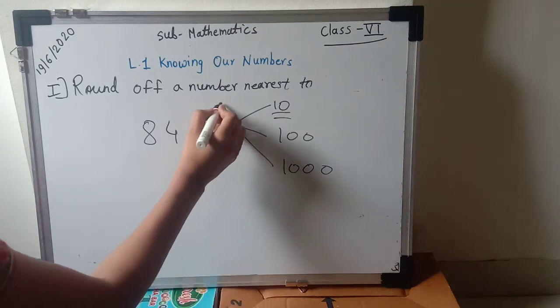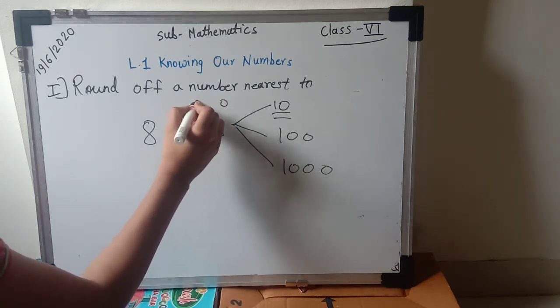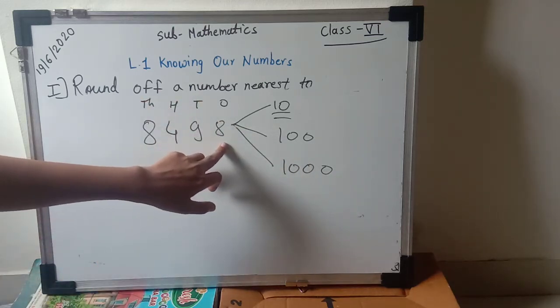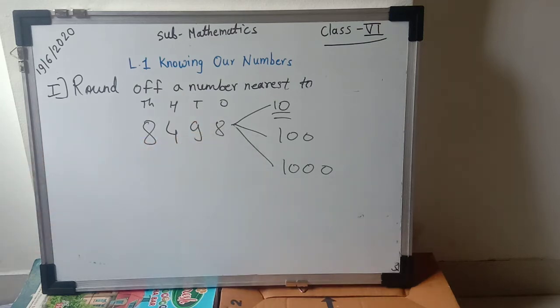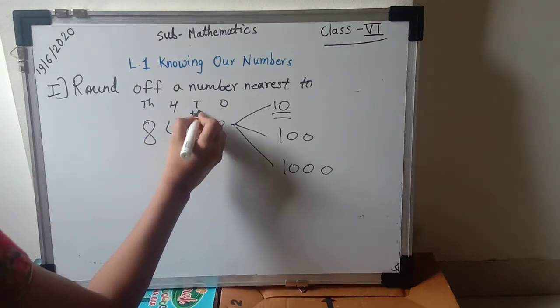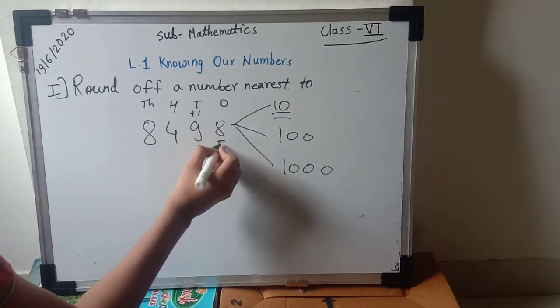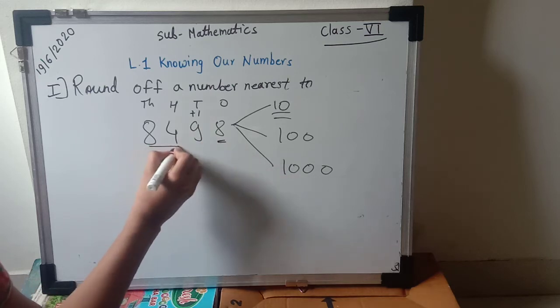That is the ones digit. Here on the ones place 8 is there, which is more than 5. So we have to increase the tens digit by 1, replace the ones digit by 0, and write the other numbers as they are.